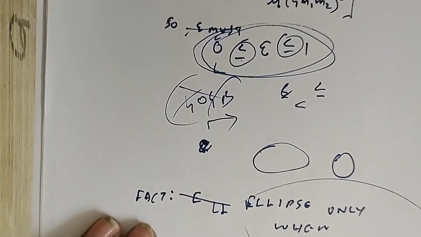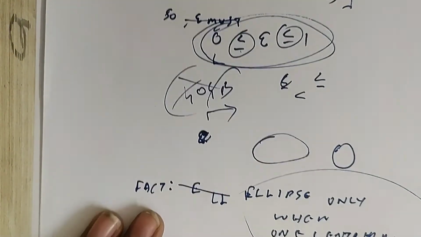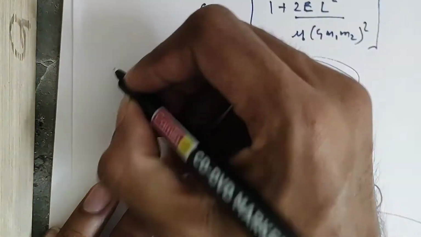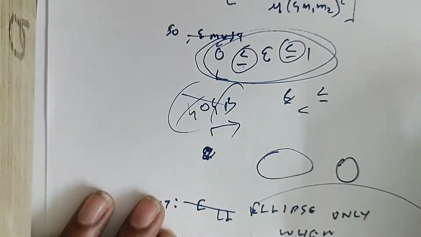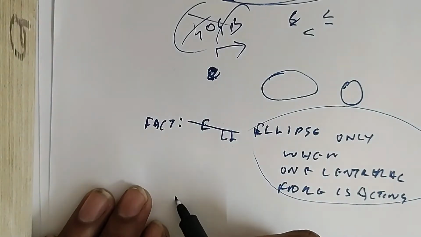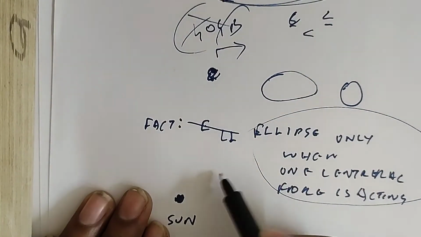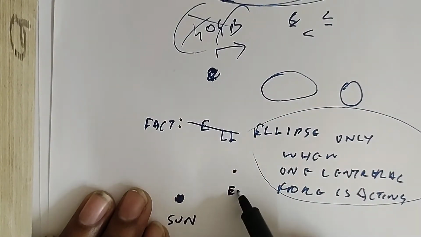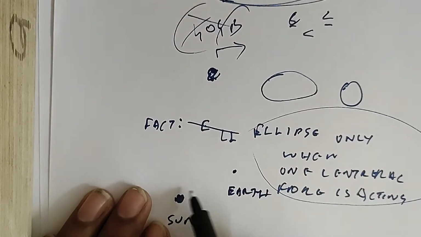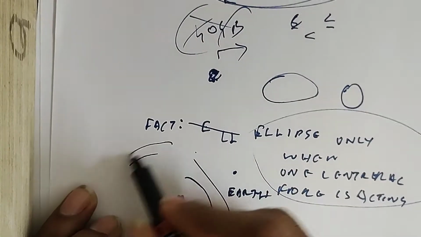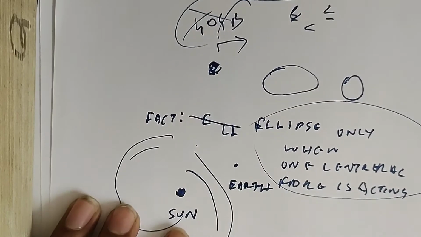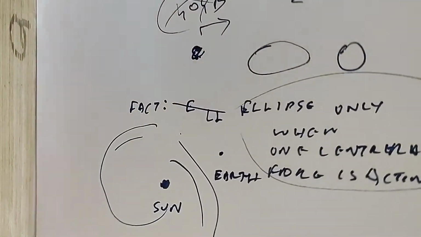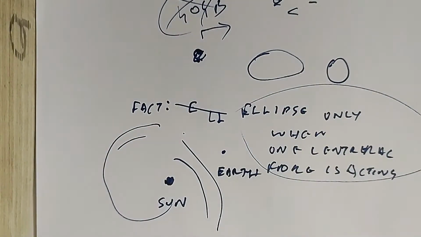I have told you in the very introduction of the lecture that when I take two bodies, say this as sun and this as earth, there are millions of bodies between them, what's called the celestial dust and all those.